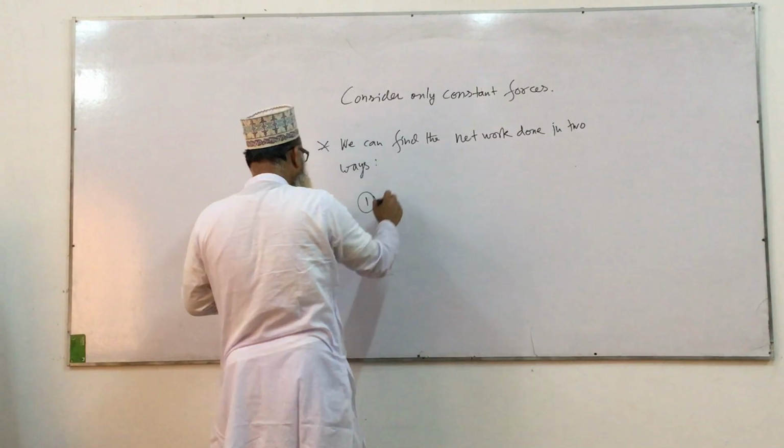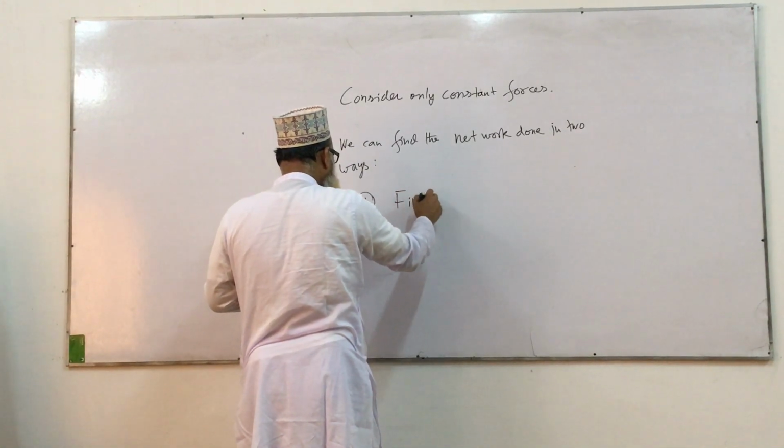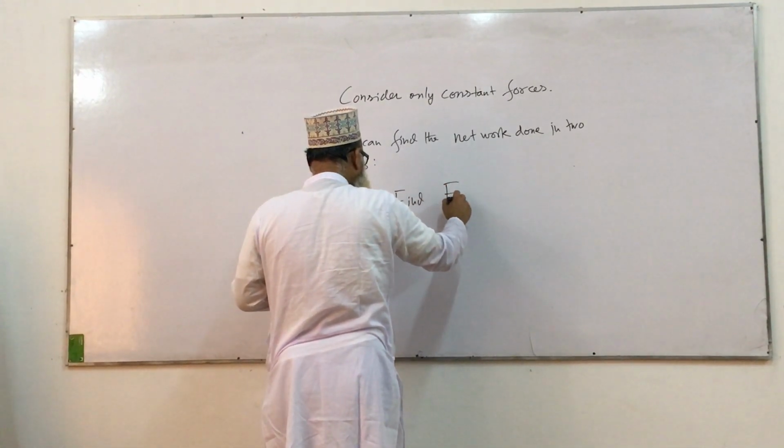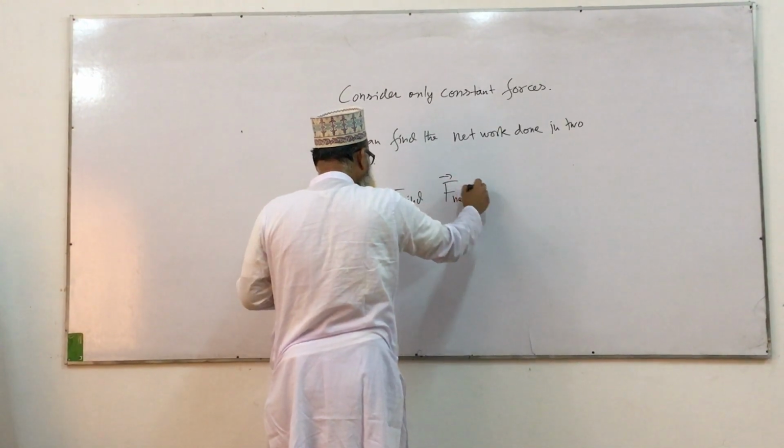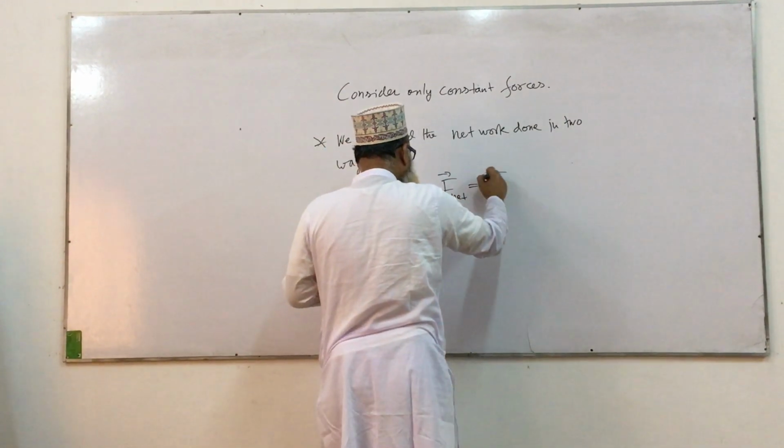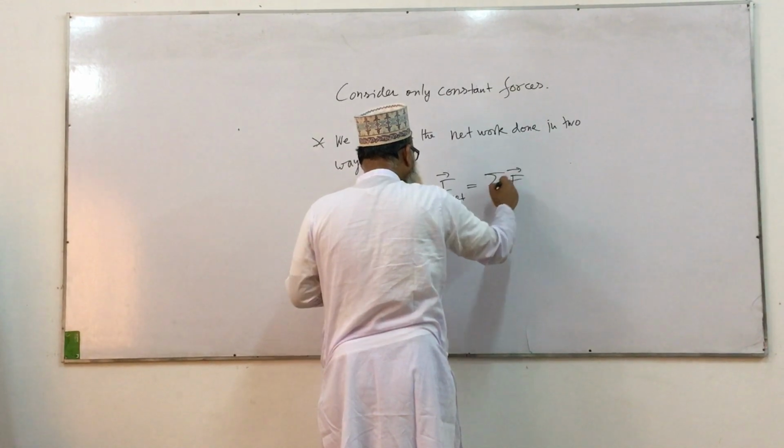Number one, find F net equals sum over F.